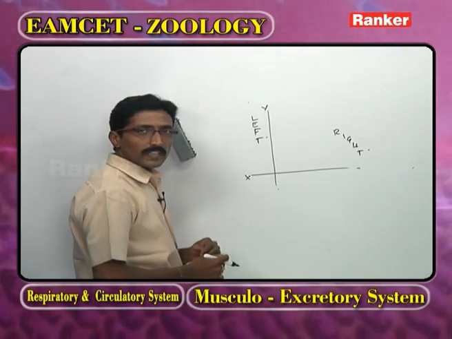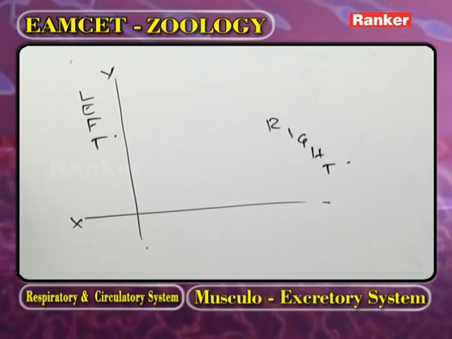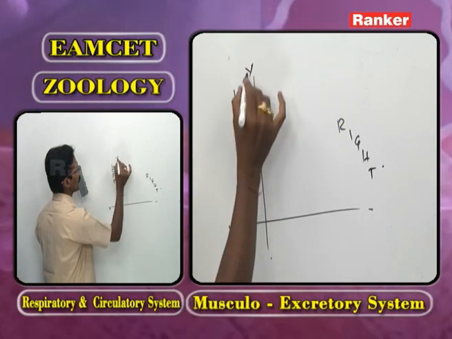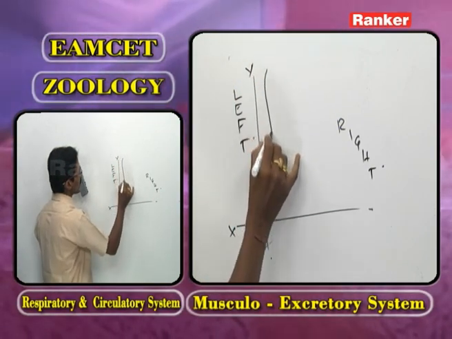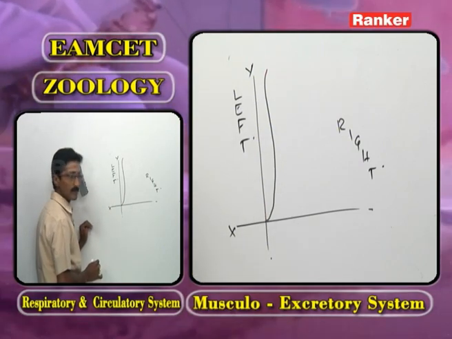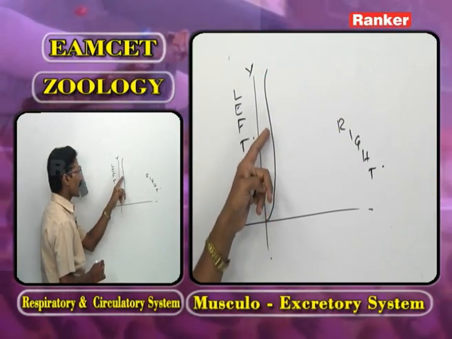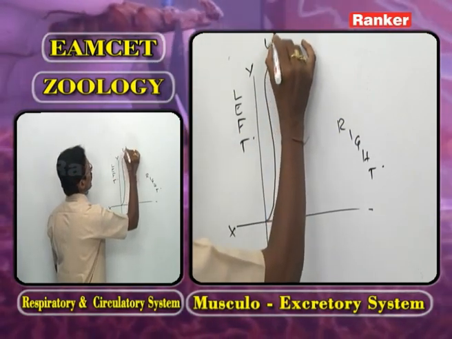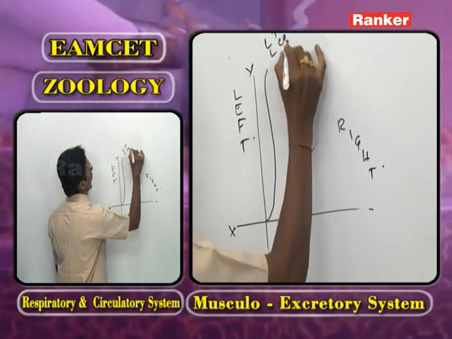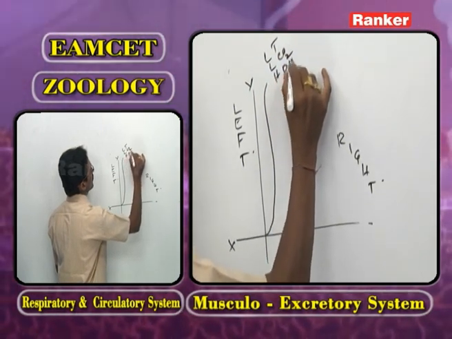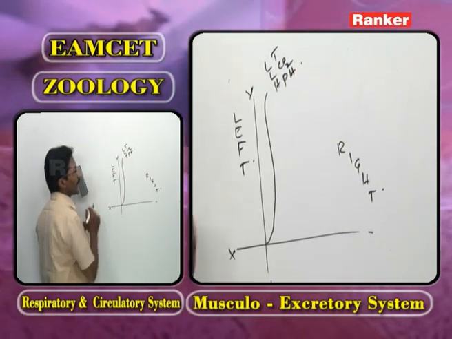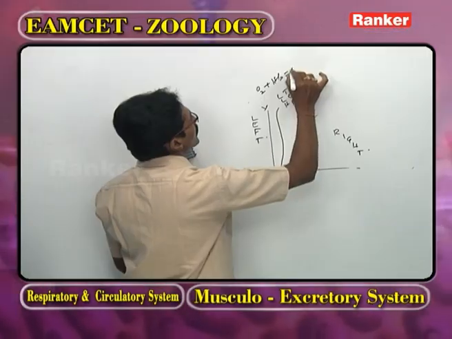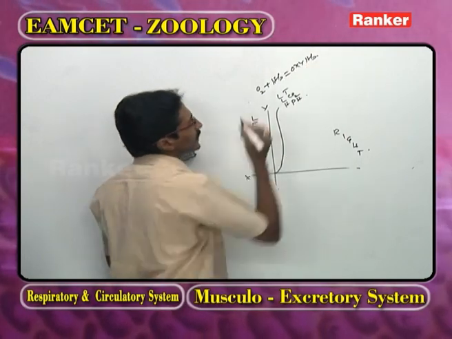In order to explain the relation between oxygen and hemoglobin, we go to the oxyhemoglobin dissociation curve. This is the sigmoid curve. In the beginning, the curve is present towards the left side. What are the conditions? The low temperature, the low carbon dioxide and high pH. Whenever these conditions are present, the oxygen combines with hemoglobin, and we are getting the oxyhemoglobin.